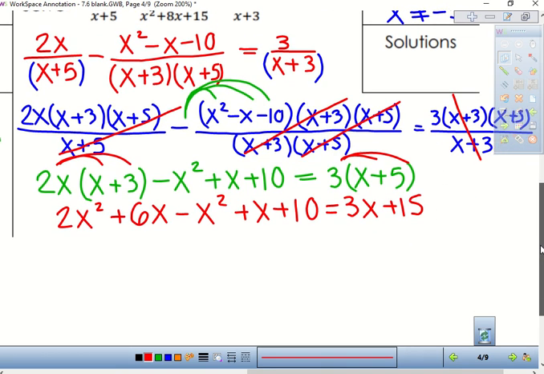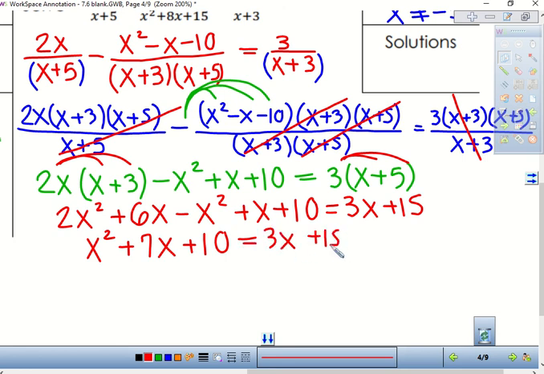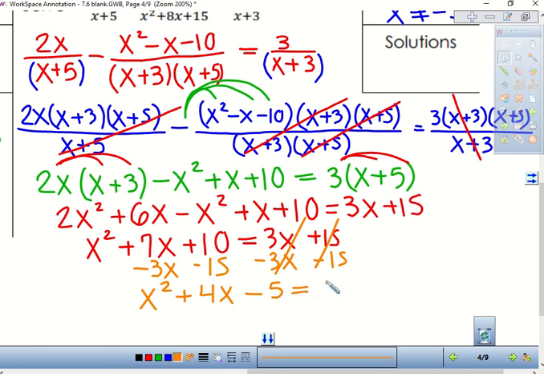And then combine like terms on the left, yeah. So that's going to be 2x squared minus x squared is x squared. 6x plus x is 7x plus 10 is equal to 3x plus 15. And then subtract everything over to one side of the equation, which leaves me with x squared plus 4x minus 5 equals 0.